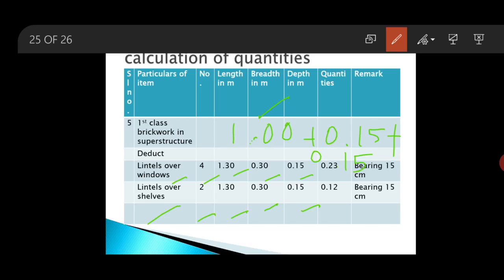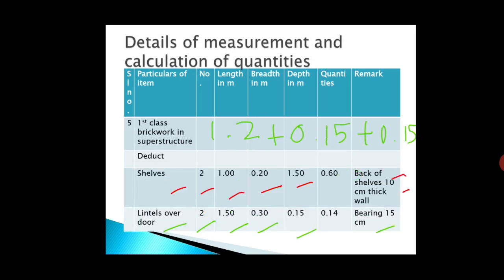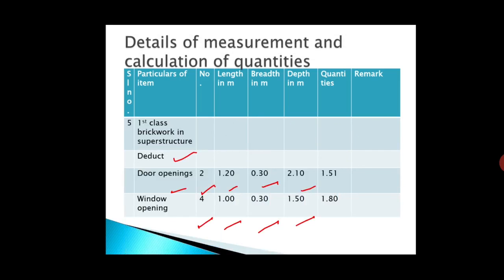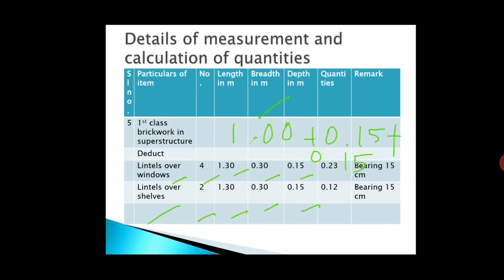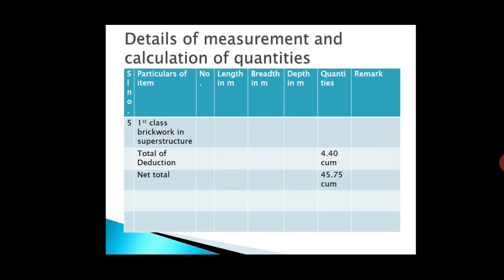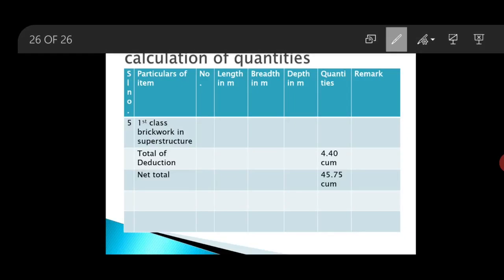So, now we will add all the deductions, all the portions that need to be deducted. That means we will add up starting from the door opening, window opening plus shelf, then the lintel over door, window and shelf. So the total deduction, by adding up all those portions, we will get 4.40 cubic meter.